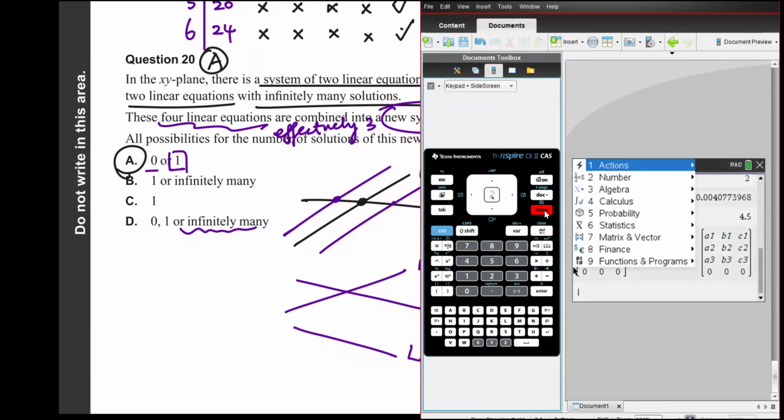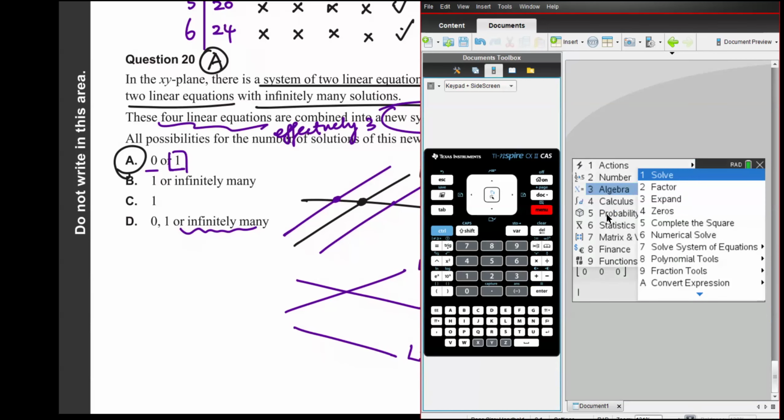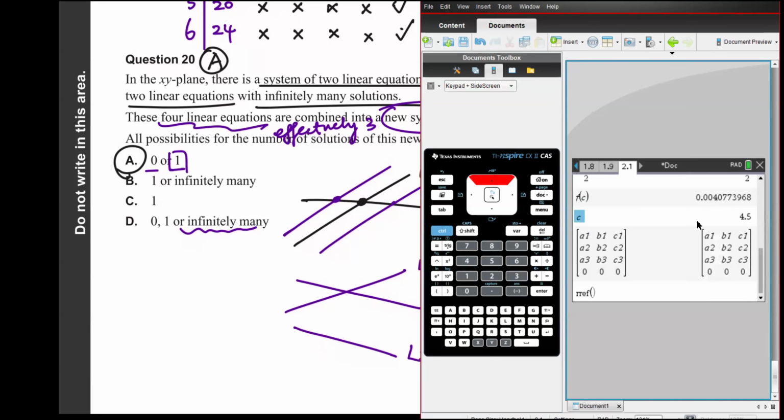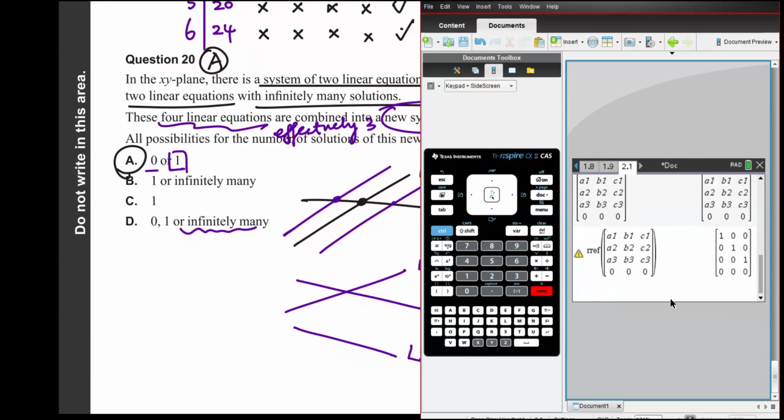And you can use, let's say, what is that called? It's called a reduced row echelon form. So actually, you get a matrix like that.